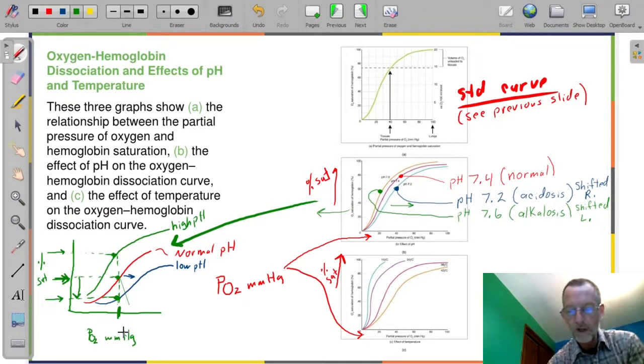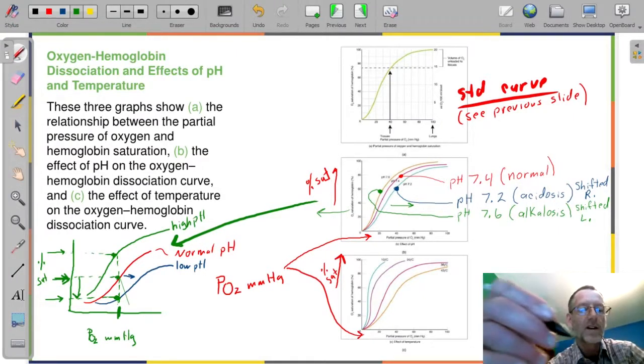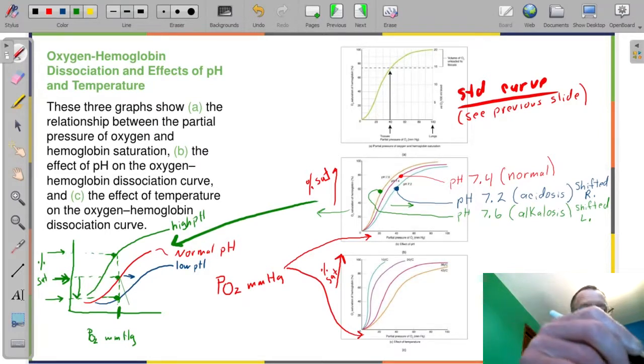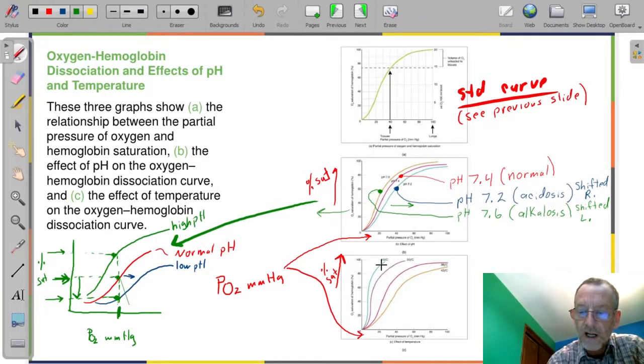The bottom figure is pretty much the same idea. The curve is shifting right or left. What you can't see are the numbers, so I'll help you out on that. So this line, this is temperature.